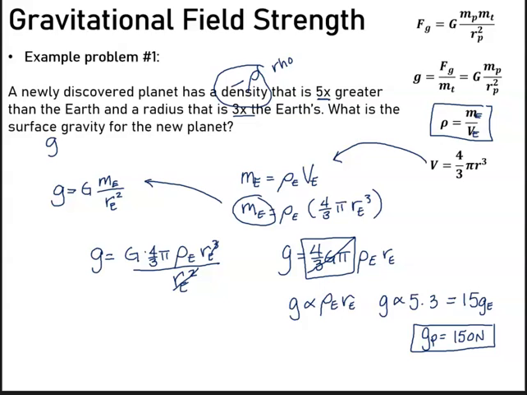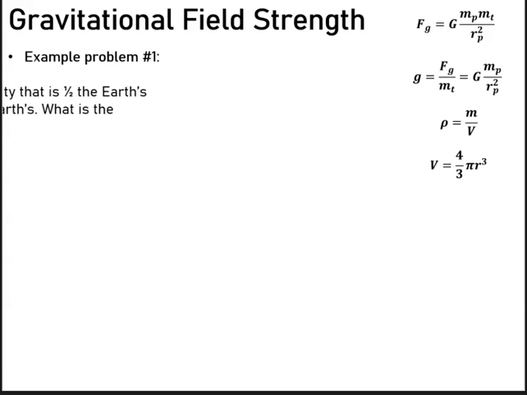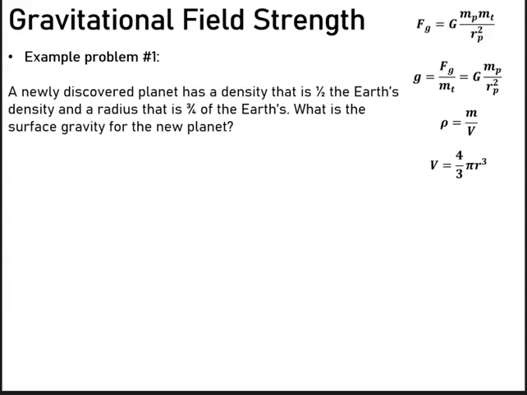Now that I've derived this relationship, especially if it's a multiple choice question, I don't have to derive it again. So if I do my next question, this is problem 2, I can use my same relationship. Surface gravity is proportional to the density times the radius. So this time it's 1/2 of the Earth's density times 3/4 of the Earth's radius.